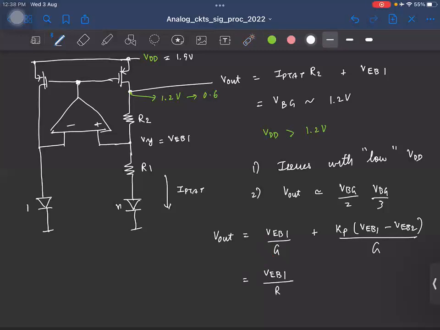I'll call it, for now, let's say Rx and Ry. Plus I know Kp is R2 by R1 times VEB1 minus VEB2 by G. Okay.